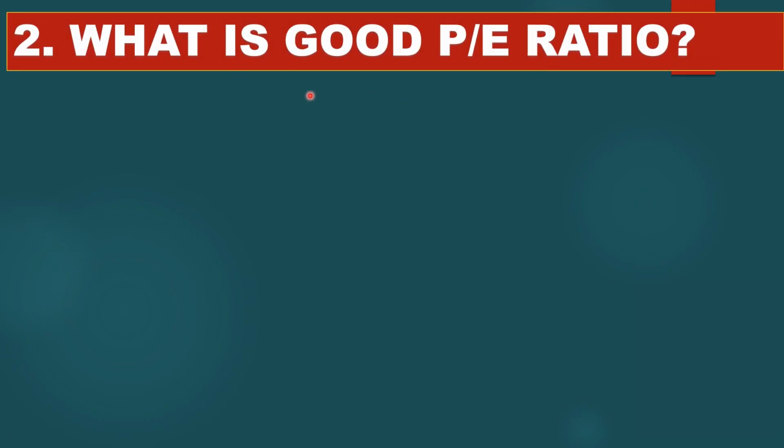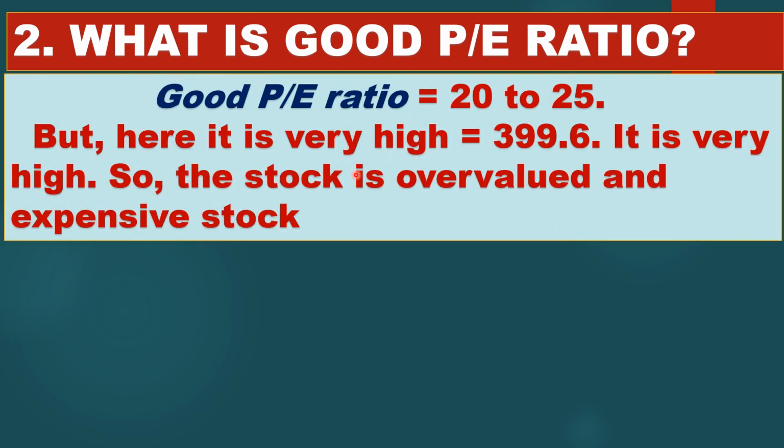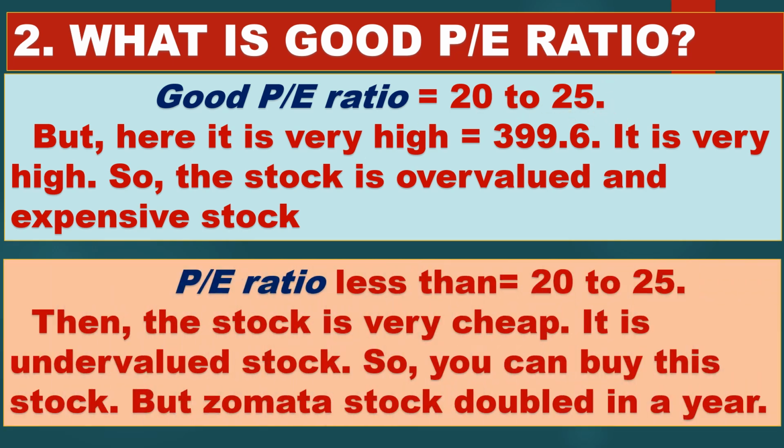What is a good PE ratio to buy a stock? For a good company, the PE ratio should be in the 20 to 25 range. But in the case of Zomato, it is very high. So the stock is overvalued and expensive, according to market experts.